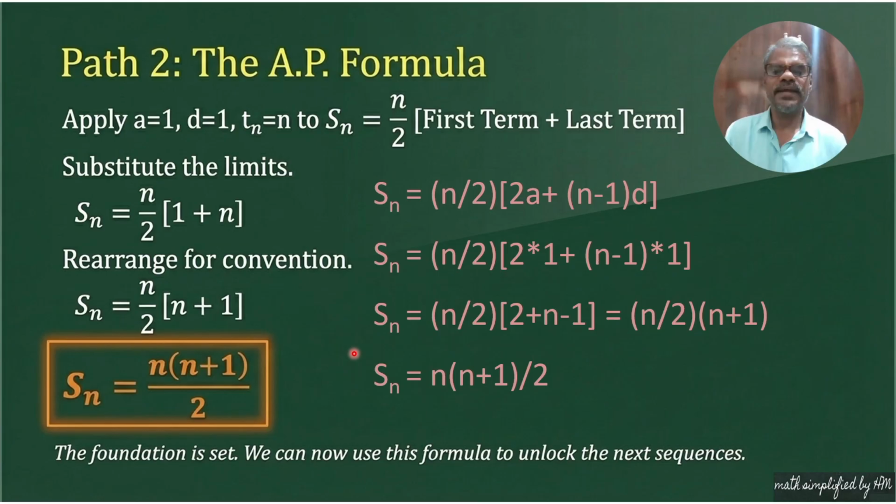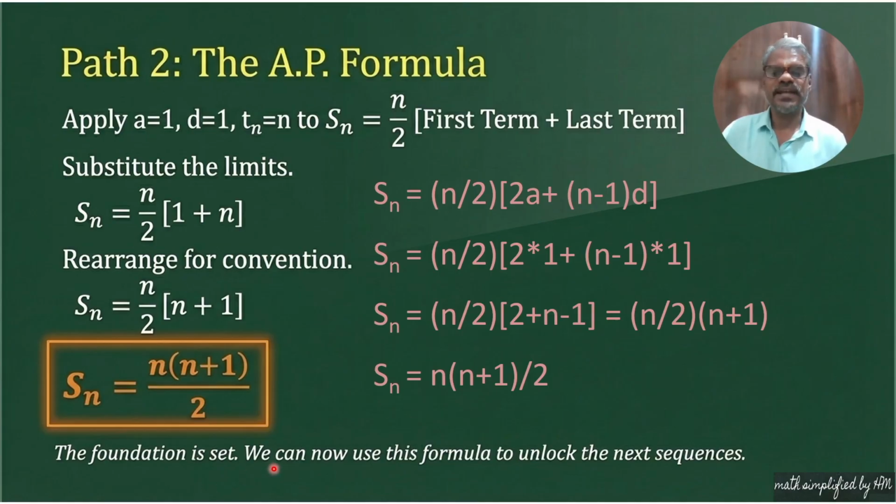Simplifying, we get Sn = (n/2)[2 + n - 1]. Simplifying this, again we get (n/2)(n + 1). So we get Sn = n(n + 1)/2.